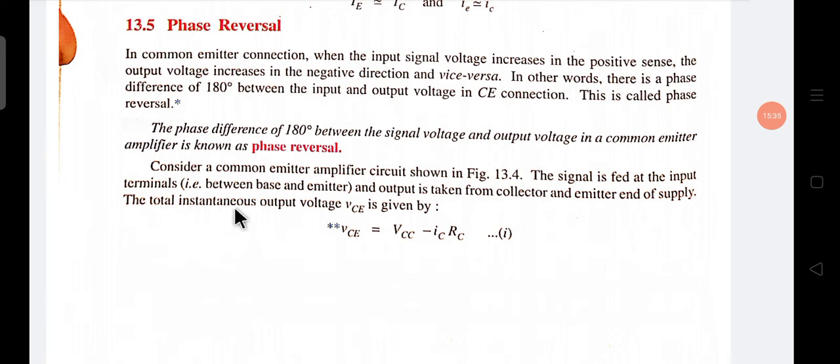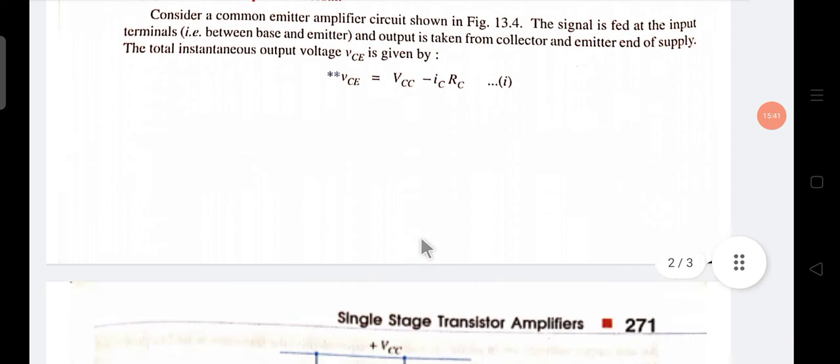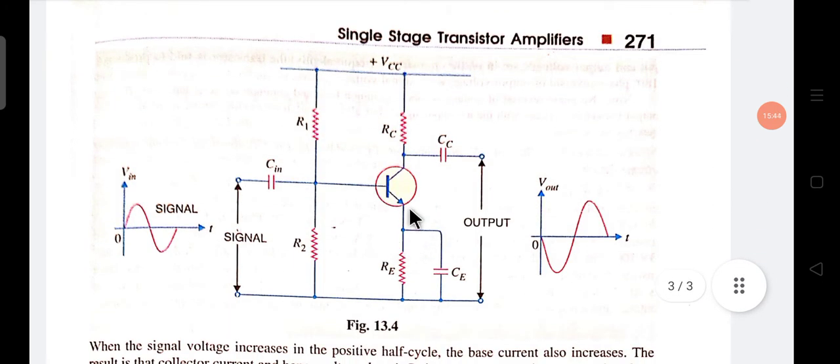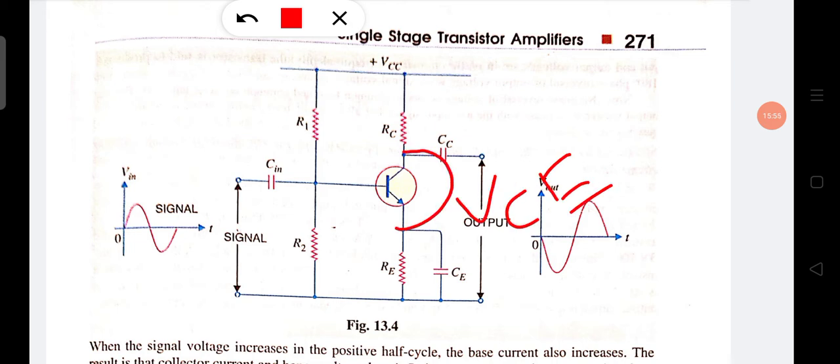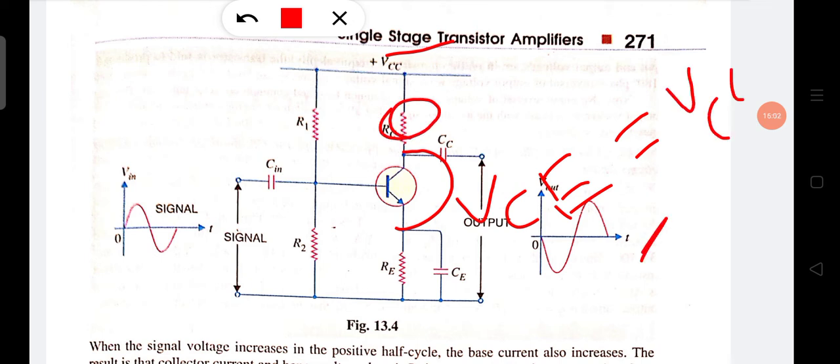The total instantaneous output voltage VCE is given by VCC minus IC RC. This instantaneous output voltage VCE equals VCC minus the voltage drop here, IC RC.